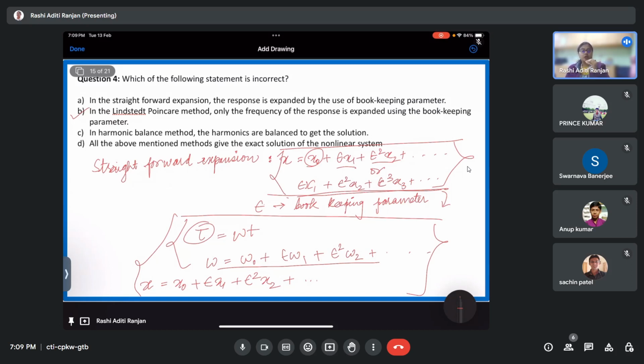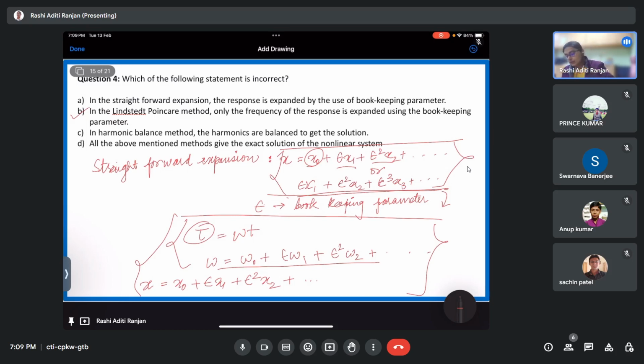So it is not going to give me an exact solution of the system. It is going to give me an approximate solution, and it is going to be correct only up to a certain limit of x. It cannot tell me about all the nonlinear behavior of the system.